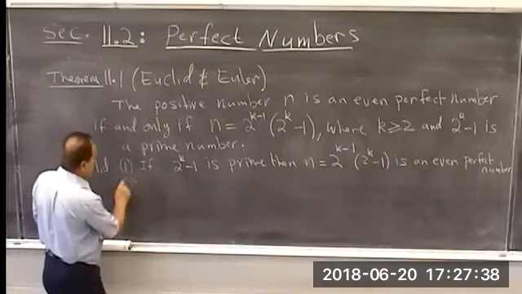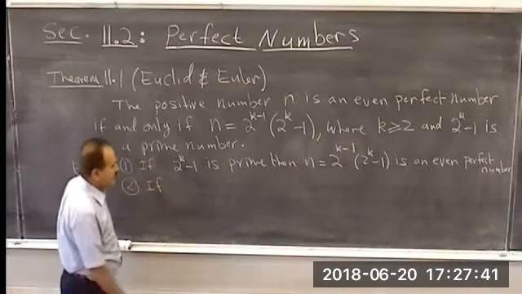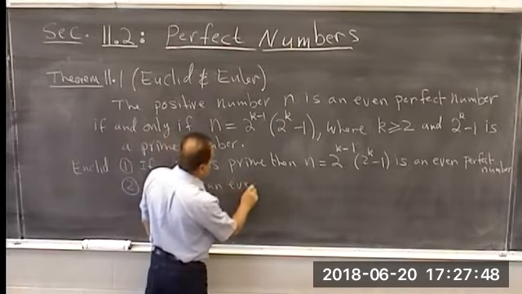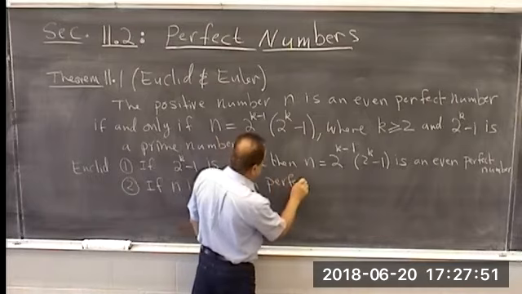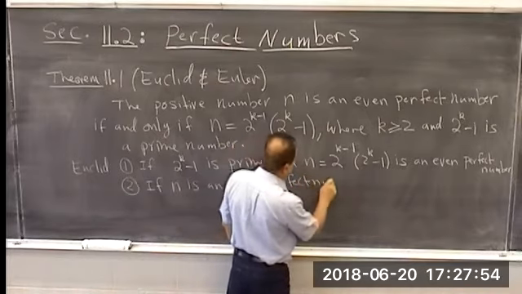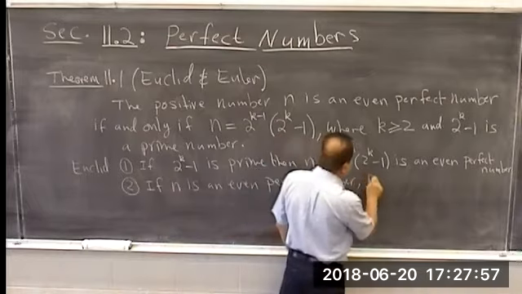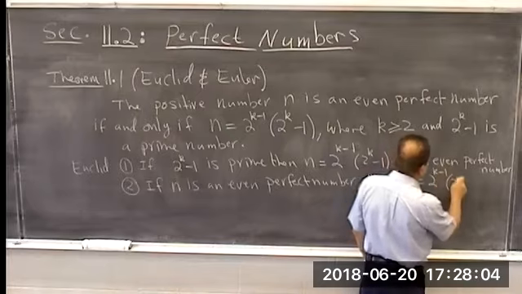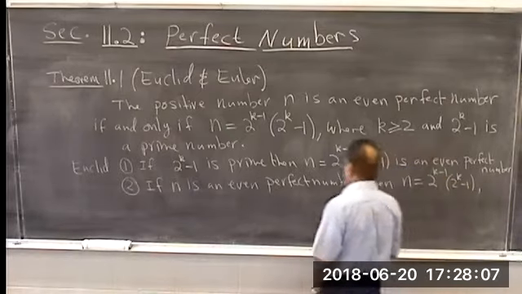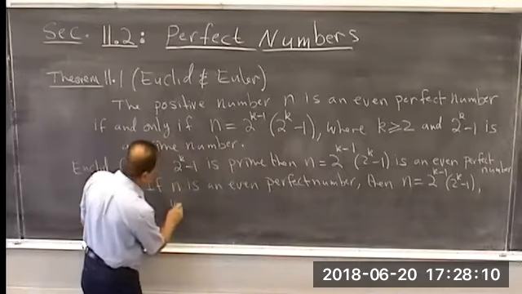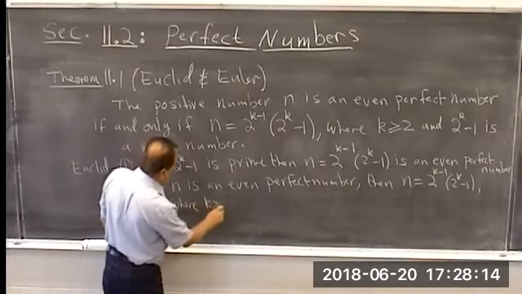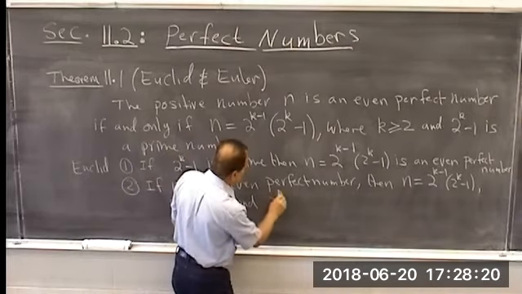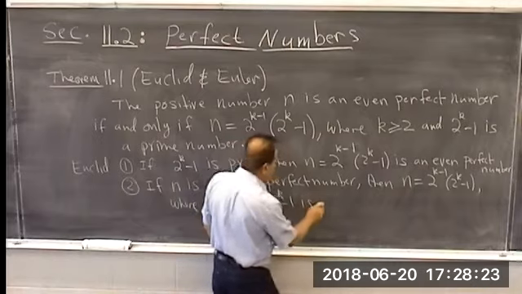The second part says that if n is an even perfect number, then n has this form, equal to 2 to the power k minus 1 times 2 to the k minus 1, where k is bigger than or equal to 2 and 2 to the k, sorry, minus 1 is a prime.